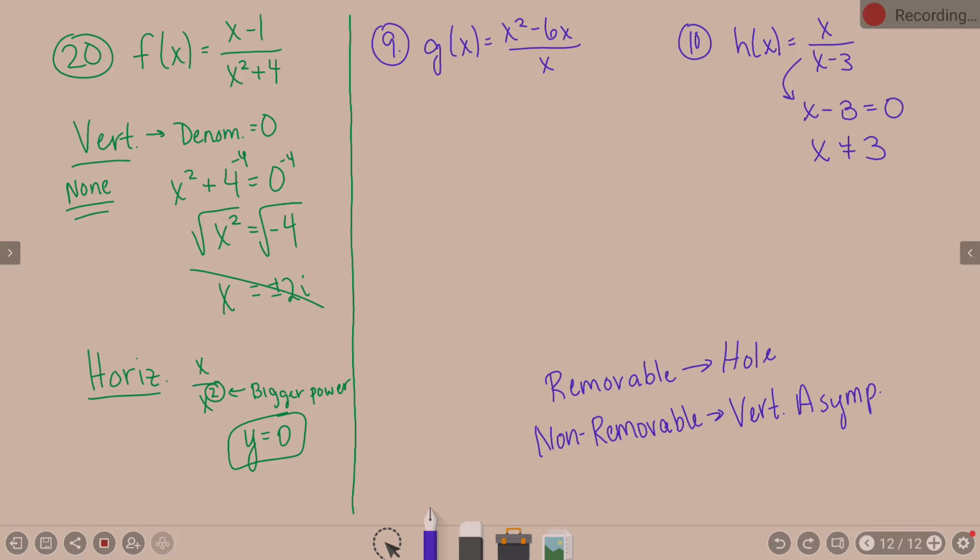Without looking at the graph, I know whether this is a vertical asymptote or a hole, because is there another x minus 3 factor on top that can cancel? And there's not. So I know that this is a vertical asymptote. I also know that a vertical asymptote is non-removable.